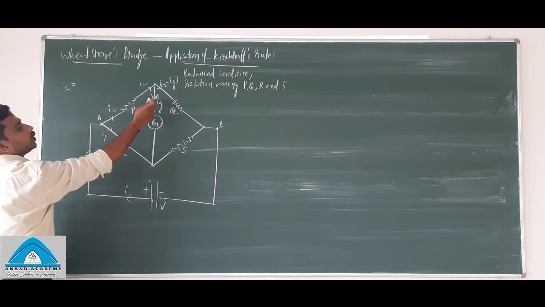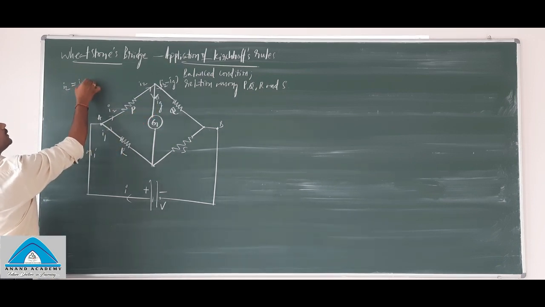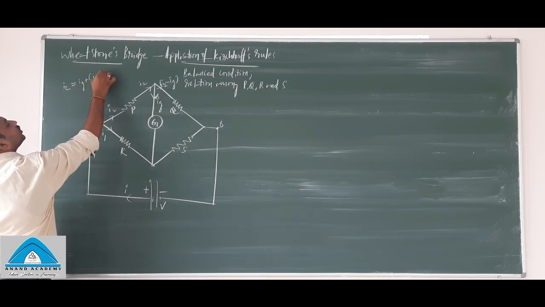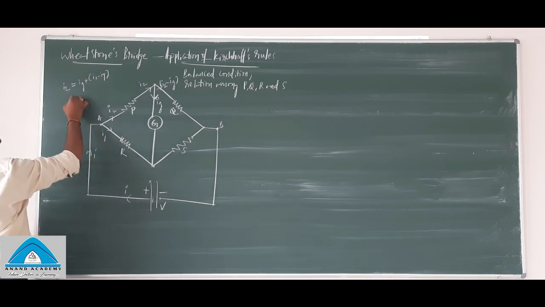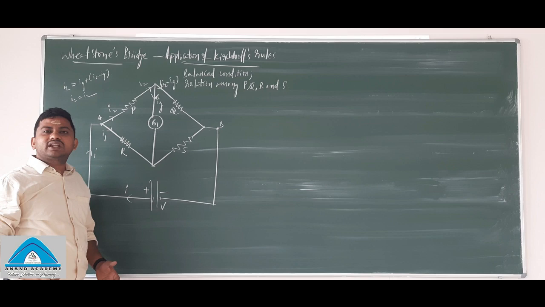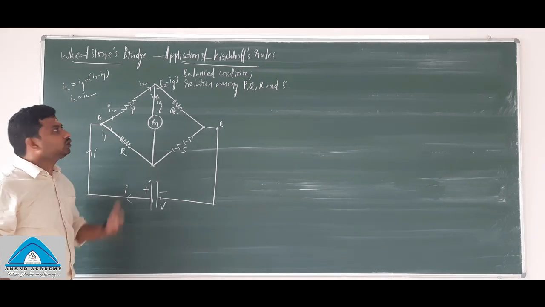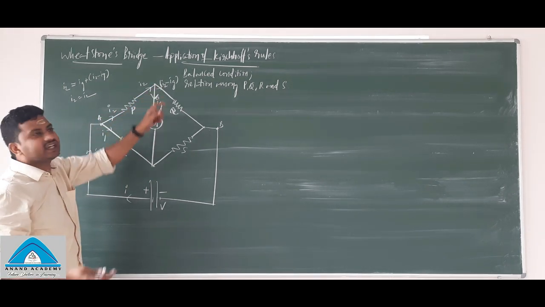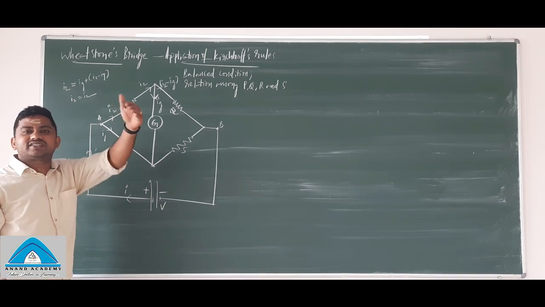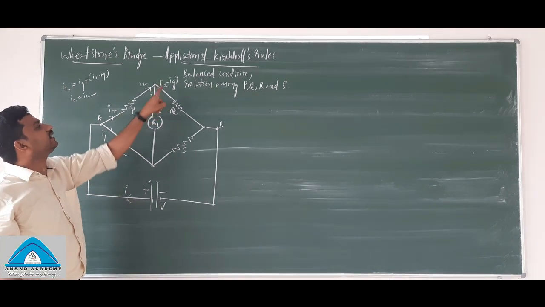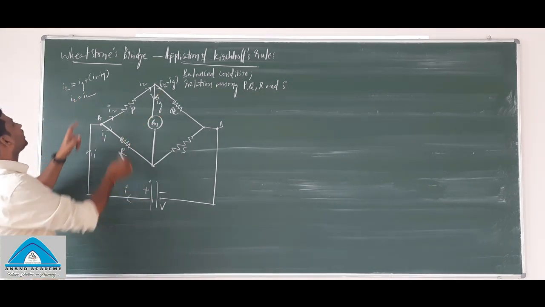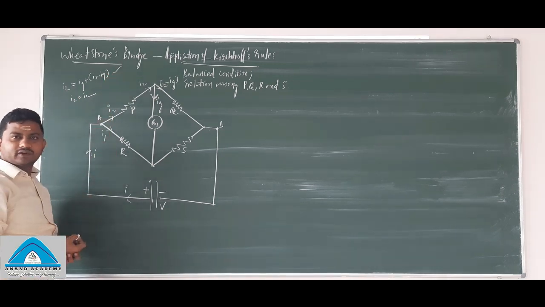Which must be equal to Ig plus I2 minus Ig. And what is your final answer? I2 only. This is what Kirchhoff's first law tells us: the amount of current moving towards the junction is equal to the sum of the amounts of current moving away from the junction.